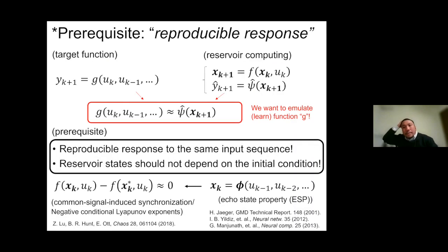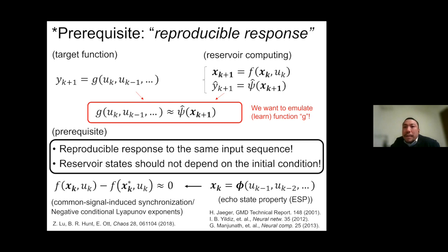Okay, and also we have this part, which is very important to understand the mechanism of reservoir computing. In the previous slides, I talked about the nonlinearity and the memory of the reservoir dynamics, but that's about the expressiveness of the network. In this slide, I would like to talk about the prerequisite to implement some reliable computation.